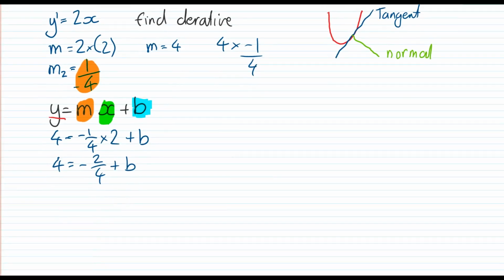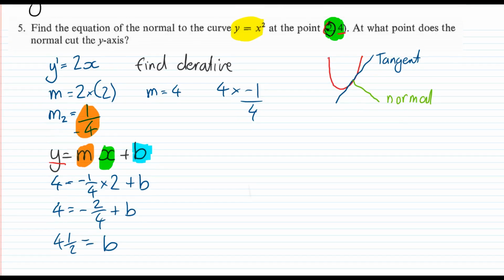So now we know that 4 equals minus a half plus b. Add a half to both sides, because 2 over 4 is a half, and we get 4.5 equals b. So now we've got all the numbers we need for our equation.